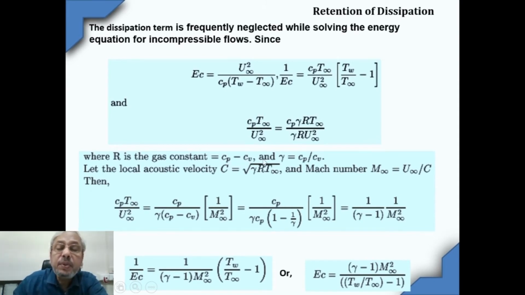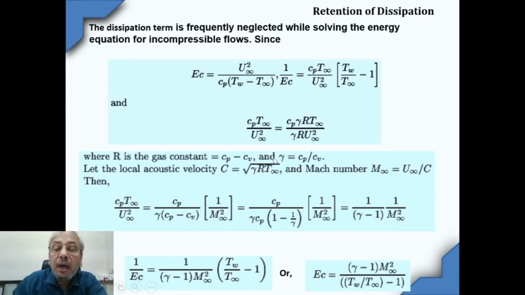So r is Cp minus Cv and gamma is Cp by Cv, and the local acoustic velocity is given by uppercase C, which is root over gamma r T infinity.